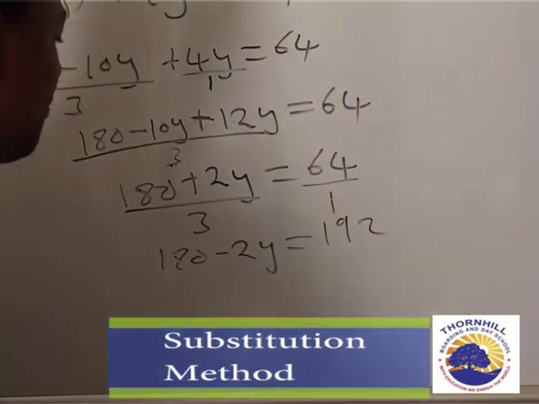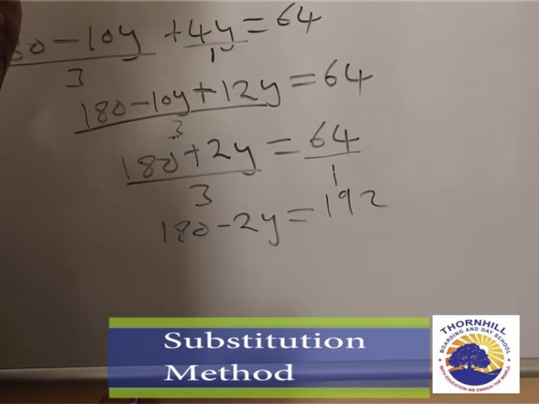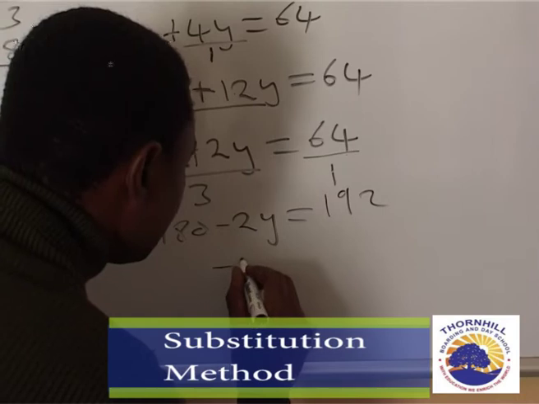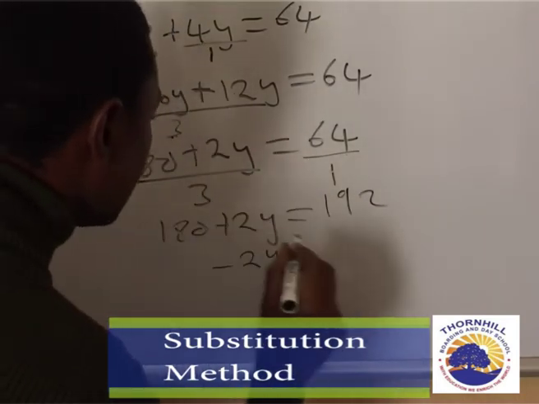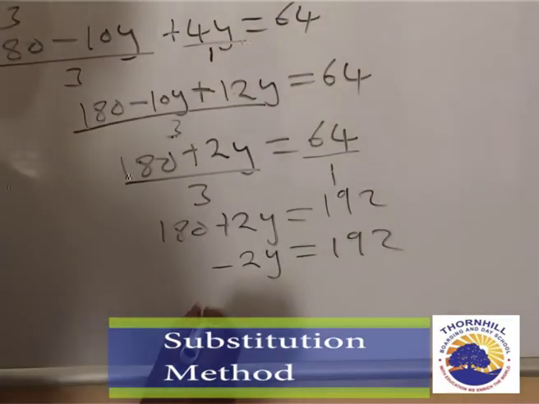It has now become simple at this stage, just like any other equation. Therefore, we're going to say negative 2y is equal to 192, like that.